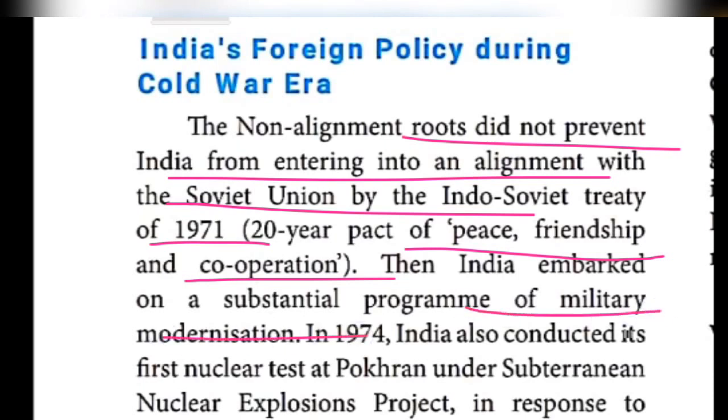In 1974, India conducted its first nuclear test at Pokhran under the subterranean nuclear explosions project, because China had conducted a nuclear test at Lop Nur in 1964 itself. Ten years after, India also conducted its first nuclear test at Pokhran.